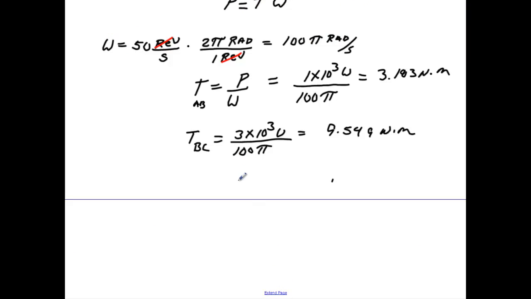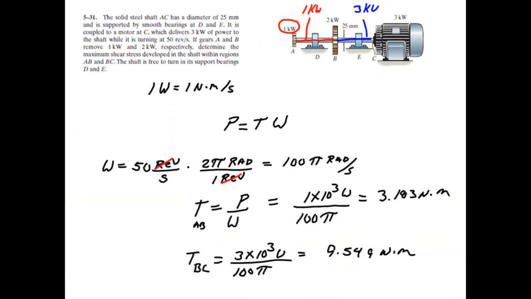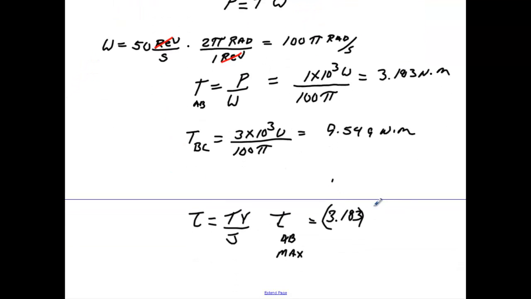We'll scroll down and then again just go back to your basic equation where shear is going to equal T times R over J. If we want the max, then we go all the way out to the far radius. So the shear at AB max would equal the torque times the maximum radius of the shaft, and we have a 25 millimeter diameter, so we need to convert that.